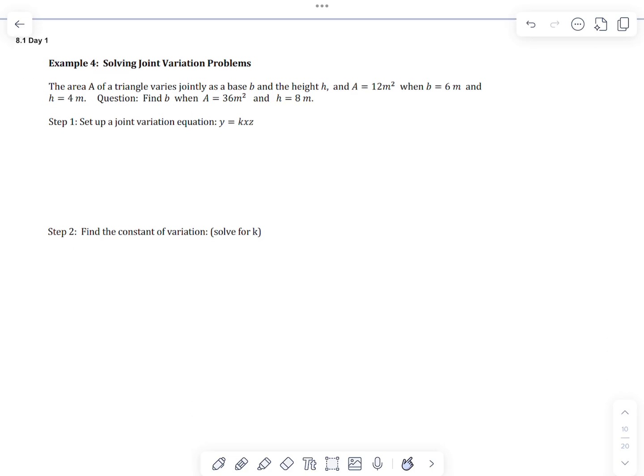Example 4. The area A of a triangle varies jointly as the base B and the height h. And then we give you some values of the area, the base, and the height of the triangle.